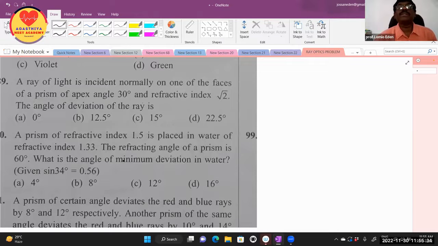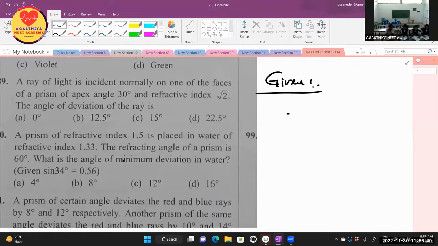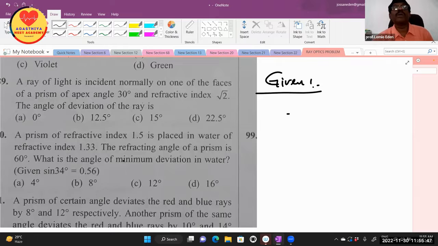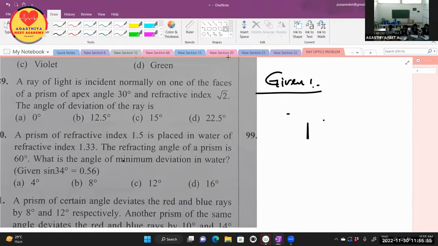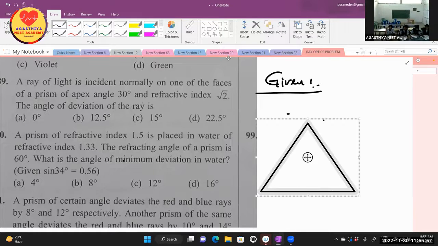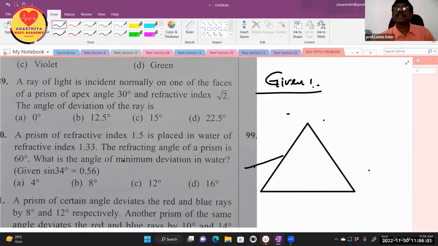The angle of deviation of the ray is? Consider this ray of light.